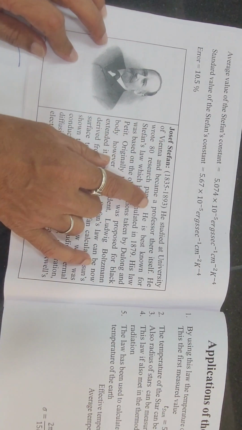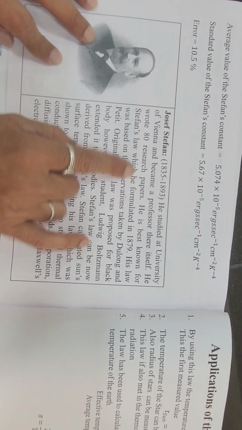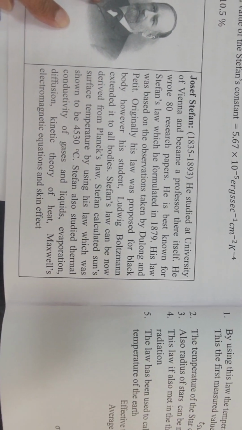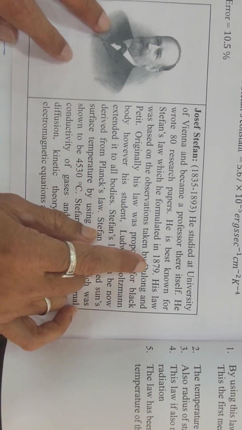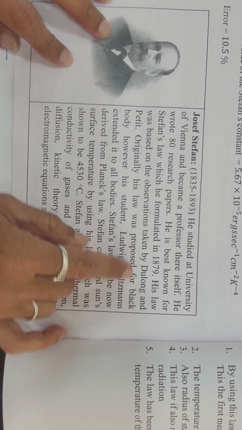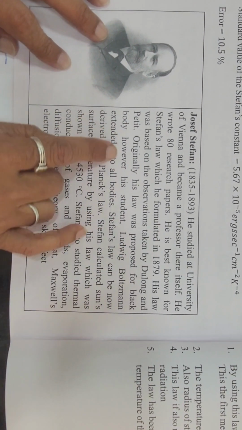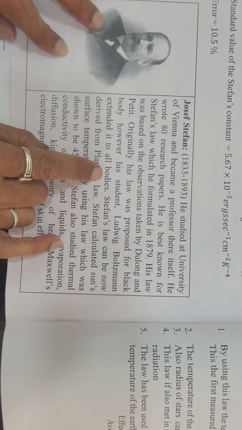Now Joseph Stefan was basically from University of Vienna, and he published something like 80 research papers. And Stefan's law, which I stated just now, was formulated by him in 1879. His law was based on observations taken by Dulong and Petit, and originally his law was proposed for black body. However, his student Ludwig Boltzmann extended it to all bodies.